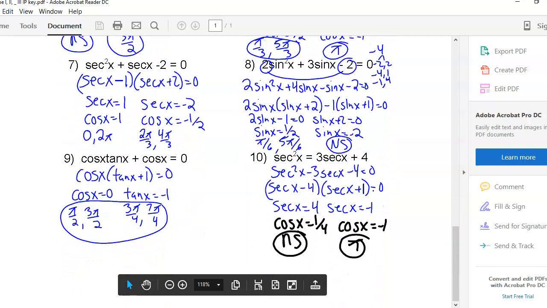Seven had 4 answers. 8 really had 2 because 1 didn't exist. 9 had 4 answers. And 10 really only had 1. Do we have questions on any of these?